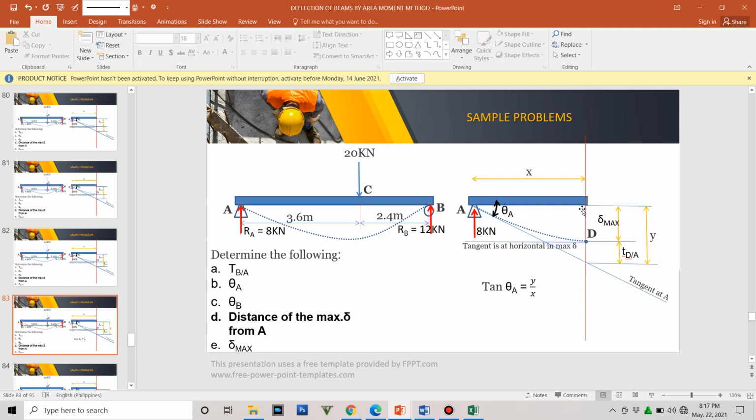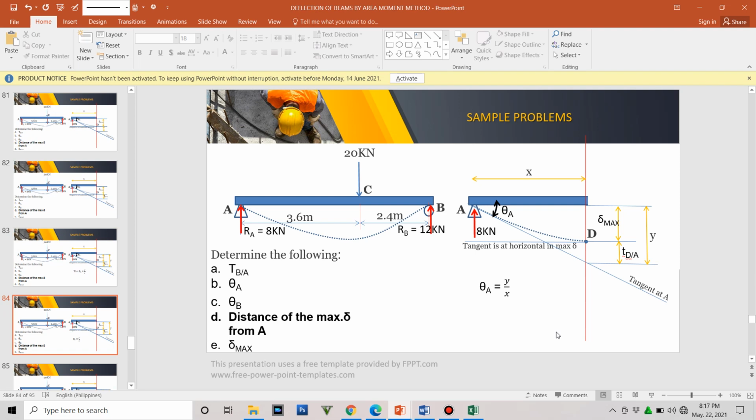Bakit ko nilabel yan? Kasi, kung titignan natin, right triangle pa rin yan. Okay? Ang angle ng right triangle natin is theta A. Ang opposite ng theta A is Y. Ang adjacent niya is X. Ngayon, kapag sinulat mo yung tangent theta A, that is Y all over X. Palitan natin ng theta A. Tanggalin natin yung tangent kasi nga, we are dealing with very small values.